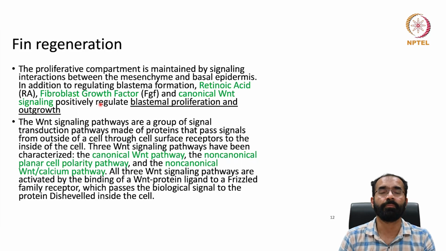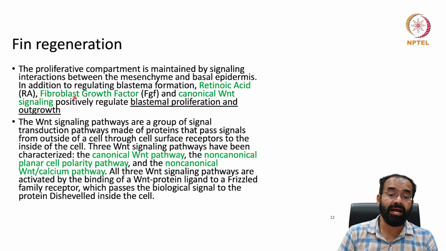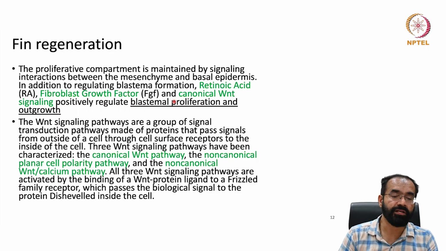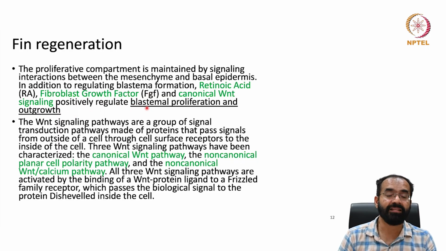Retinoic acid, another common name is vitamin A. And fibroblast growth factor, FGF, mainly FGF2 plays a major role, whereas other FGFs also contribute. And canonical Wnt signaling positively regulates the blastemal proliferation and outgrowth. These signaling events, retinoic acid, FGF and the Wnt signaling, contribute to the positive outward growth.